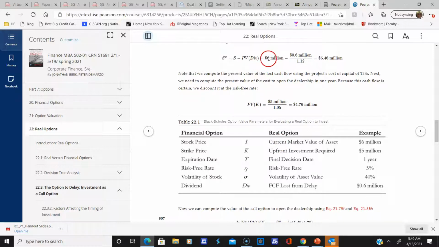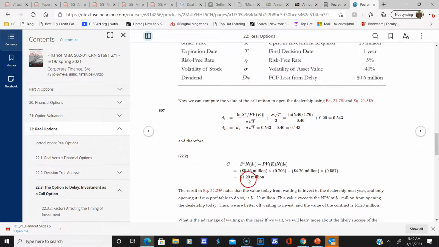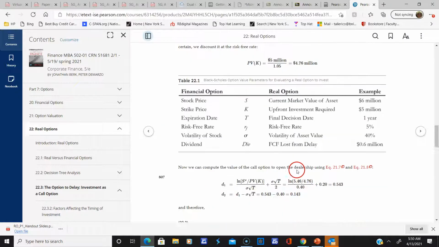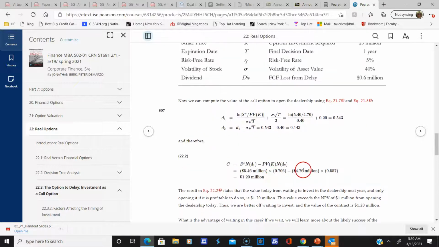This is the present value of the lost cash flow. And here's the probability. Here's the present value that we calculated, 4.76 million right here. And here is, again, the probability. So it comes out to 1.22 million. This is the value of the call option.